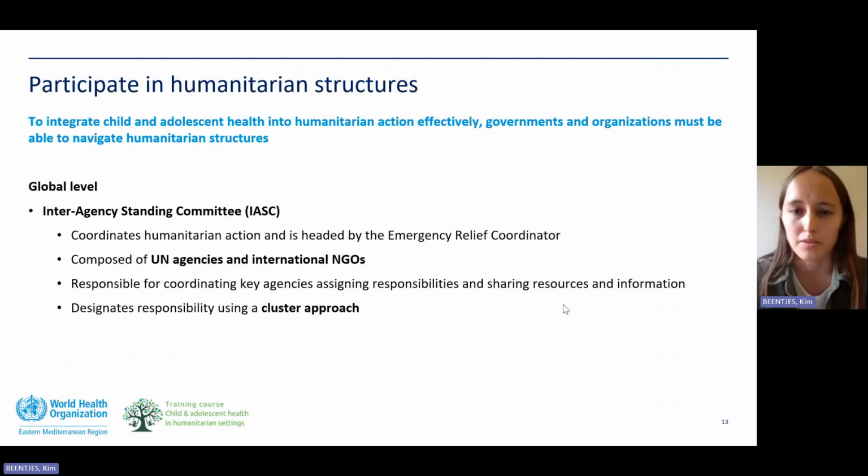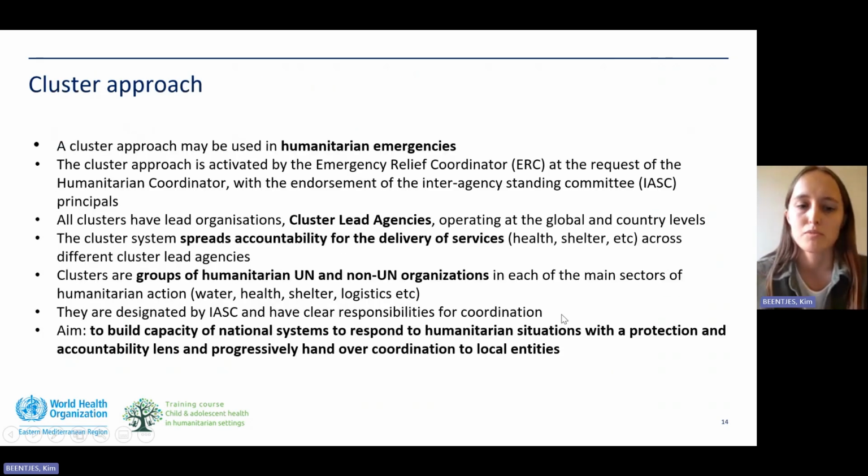I will go a bit deeper into what the cluster approach entails. The aim of a cluster approach is to build capacity of national systems to respond to humanitarian situations with a protection and accountability lens, and progressively hand over coordination to local entities. So it's not aiming to take over from national systems, but it's supposed to support national systems.